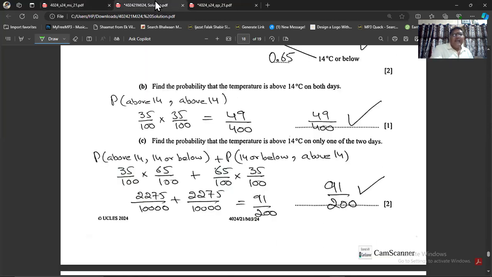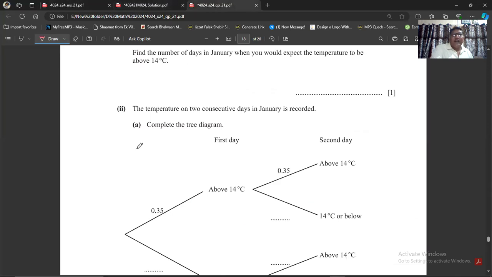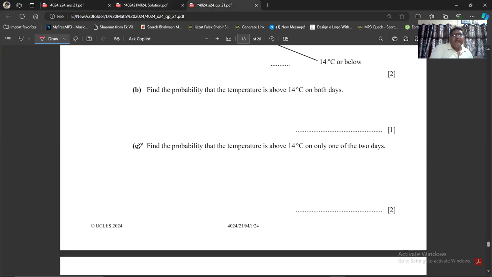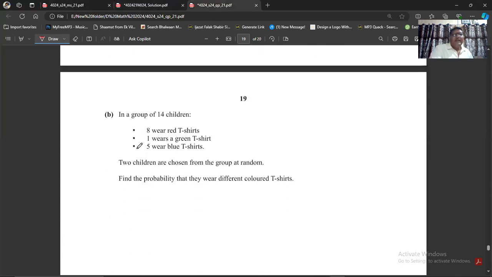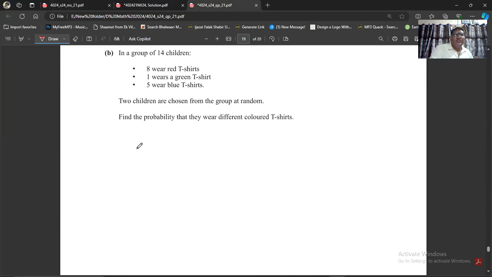Then we have the next part, and it is coming up on your screen. It says, in a group of 14 children, 8 wear red t-shirts, 1 wears a green t-shirt, 5 wear blue t-shirts. 2 children are chosen from the group at random.